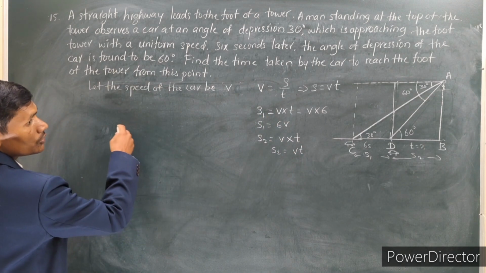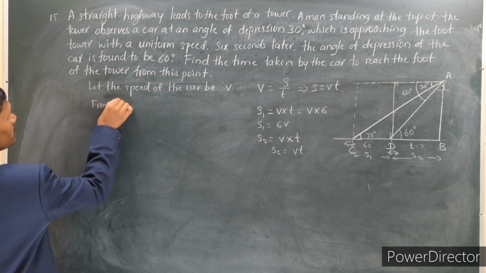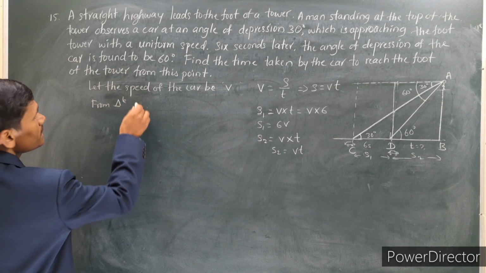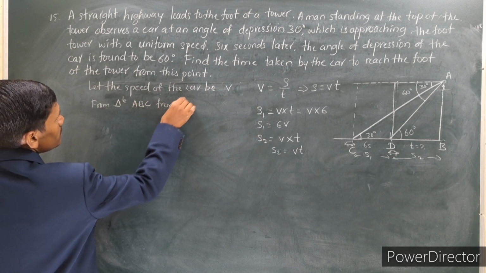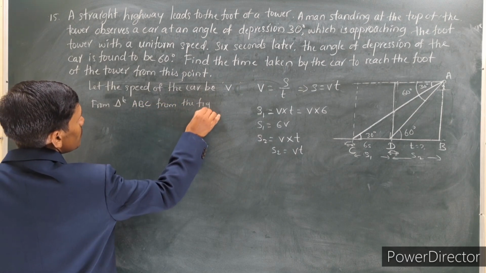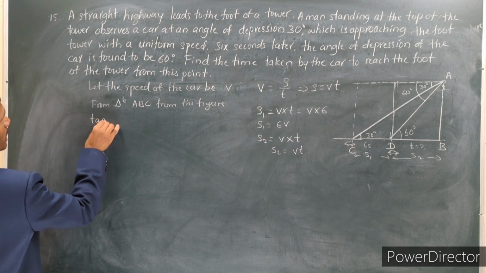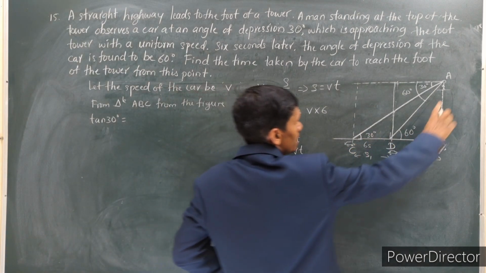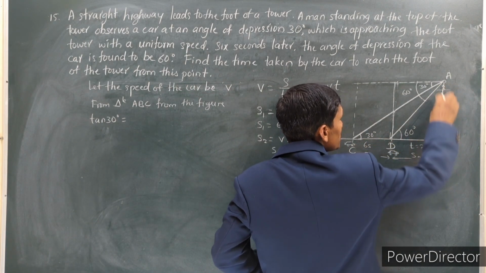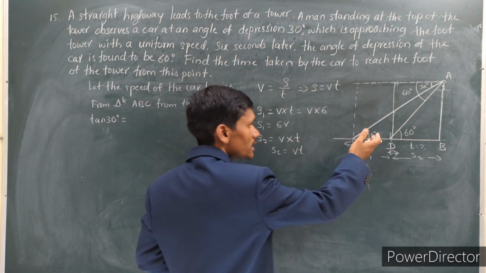Now let us come to the triangles. From triangle ABC in the figure, take tan 30 degrees. Here AB is common, so we take this common side for both triangles, as tan 30 and tan 60.